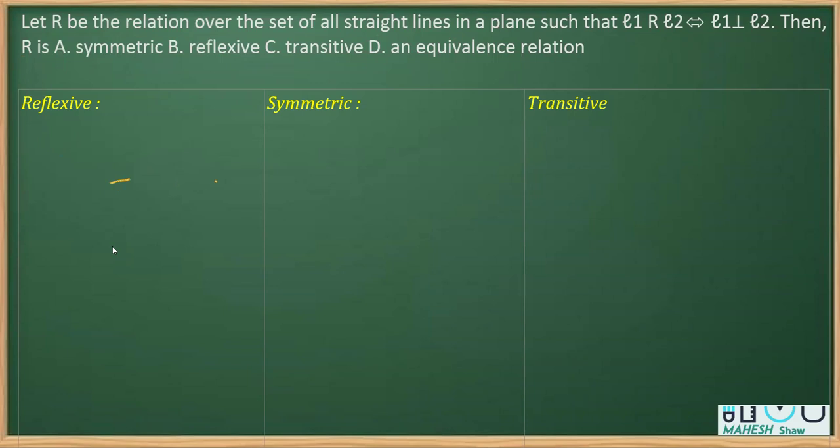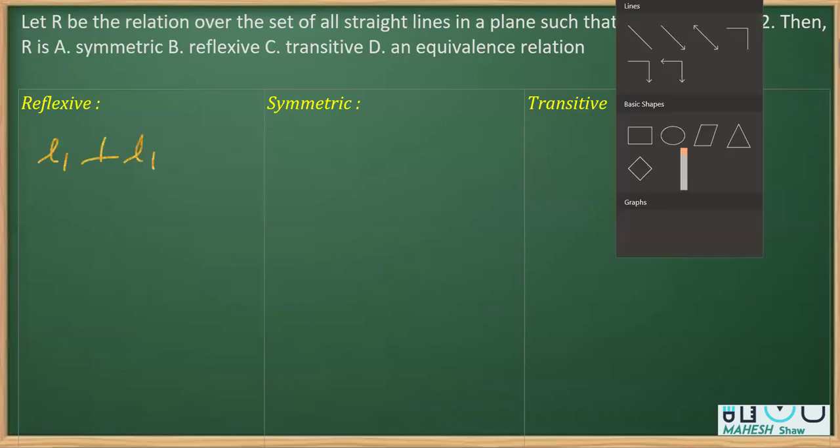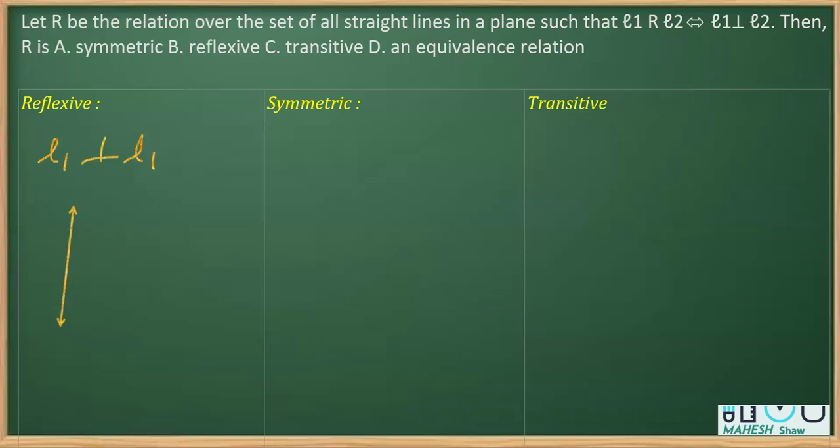For this particular question, is L1 perpendicular to L1? By that, I mean, is a line perpendicular to itself? Clearly not. A line, say this is L1, cannot be perpendicular to itself. So (L1, L1) does not belong to R. So this is not reflexive.